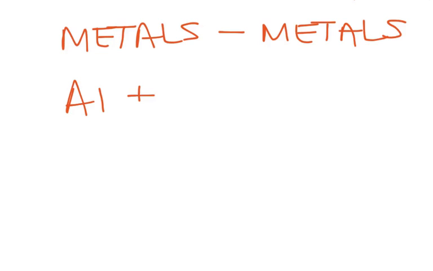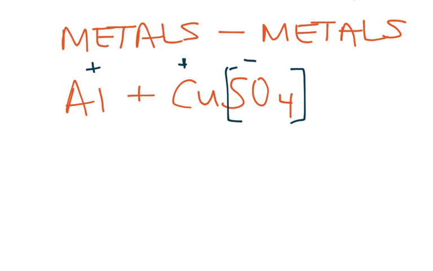So if you have aluminum plus copper sulfate, okay, I've got to look at this and go, okay, if I look at the periodic table, aluminum is a positive, he's a metal. Copper's a positive, and then sulfate over here is a negative. Remember, sulfate's one of your polyatomic ions. So I know that when these come together in a single replacement, it's the aluminum and the copper that can switch places.